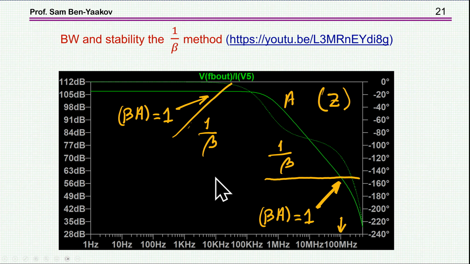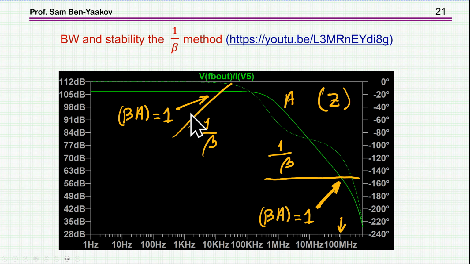What it is in a nutshell is that you start with the open loop of the system. In this case, this is the Z, the impedance of the system, and then you present here the 1 over beta. The intersection here is when 1 over beta is equal to A, meaning that beta A is equal to 1. So this will be actually the break point of the loop gain.